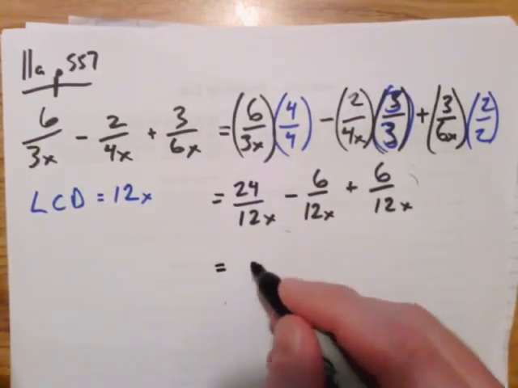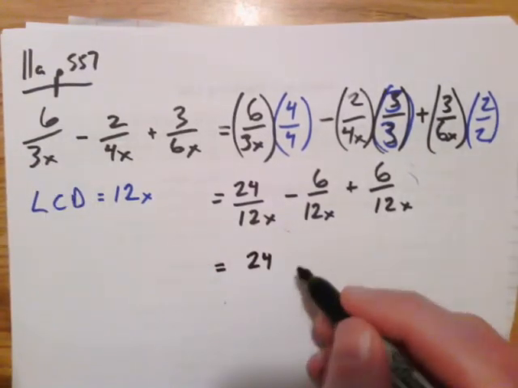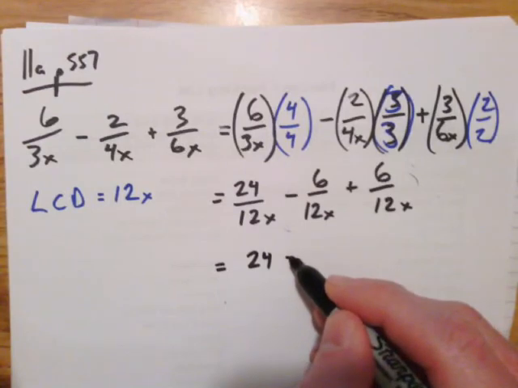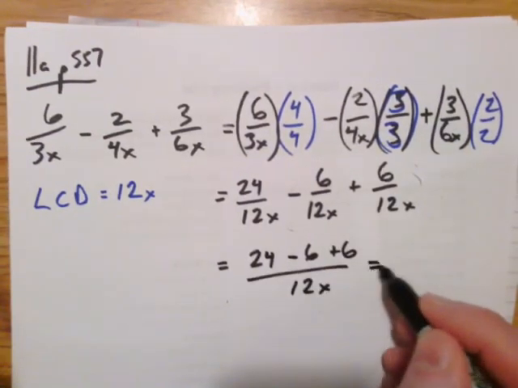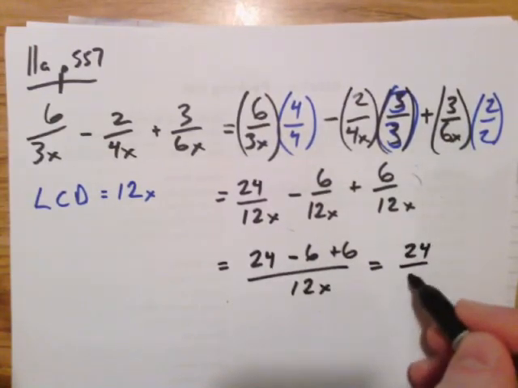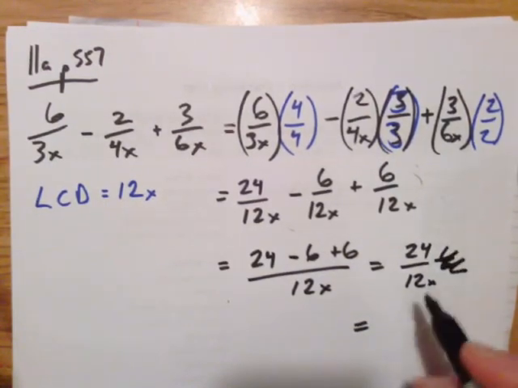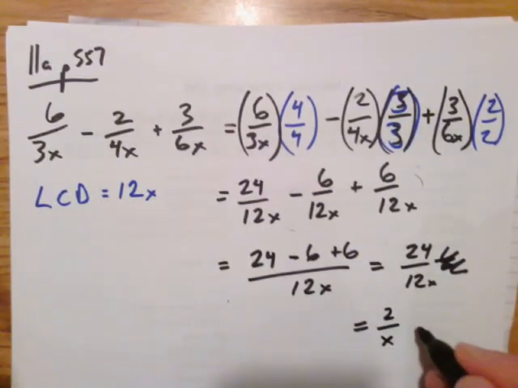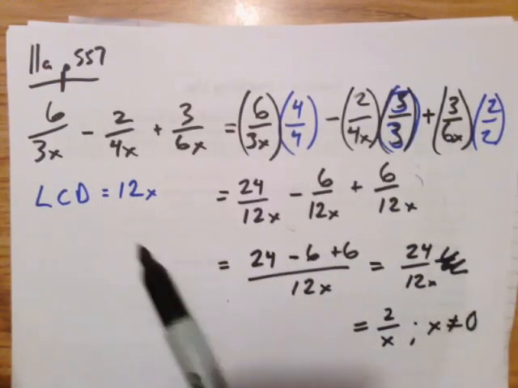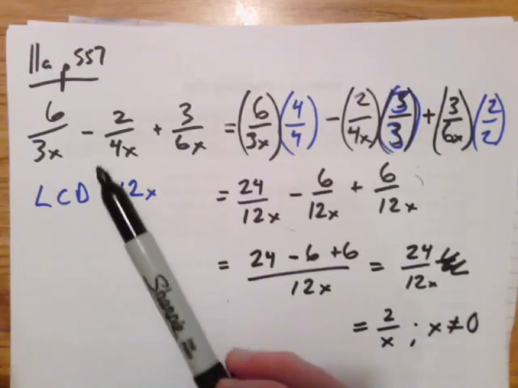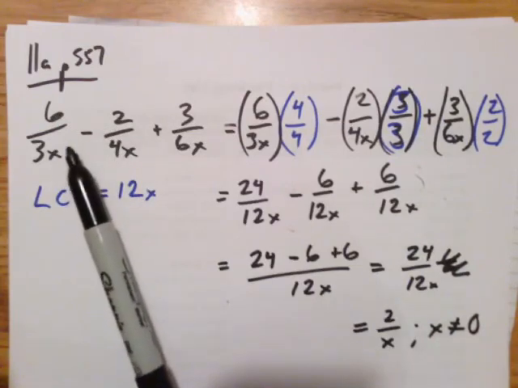But if I'm not skipping any steps, 24 minus 6 plus 6 all over 12x. 24 over 12x equals 2 over x, where x can't equal 0, which was what this is right here, because these two cancel. Tricked me. I should have seen that in the beginning, but that's okay.